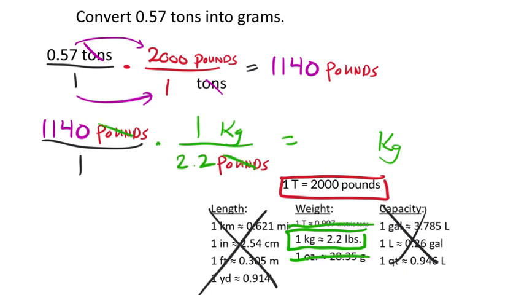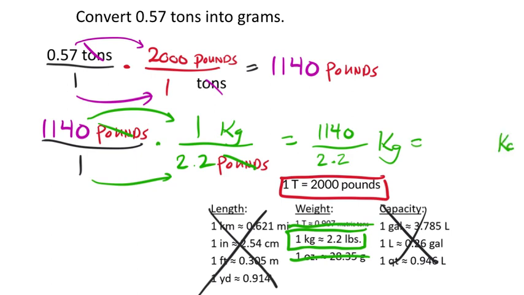In the numerator, we've got 1,140 times 1, which is 1,140. In the denominator, we've got 1 times 2.2, or 2 and 2/10. So I'm going to put this in the calculator and then divide these. This will tell me how many kilograms I have.